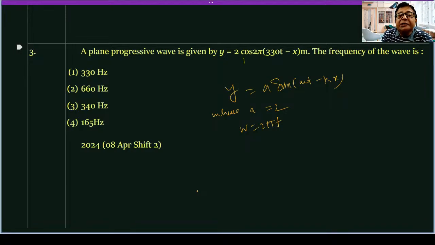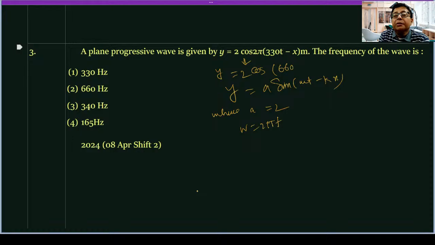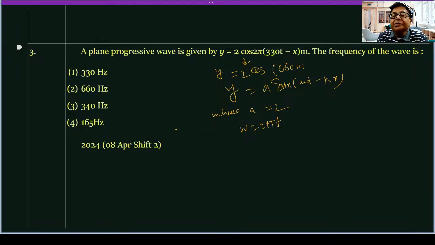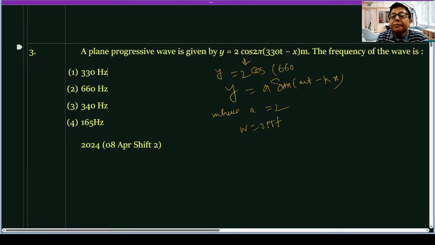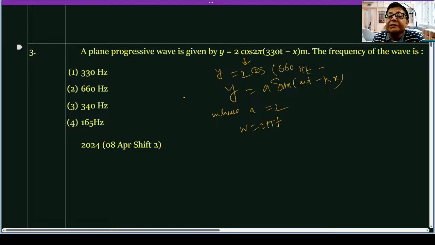So if we rewrite this equation, it will be y equal to 2 cos, just put it here, 2 into 330 is 660 pi into t, isn't it? Minus 2 pi x.